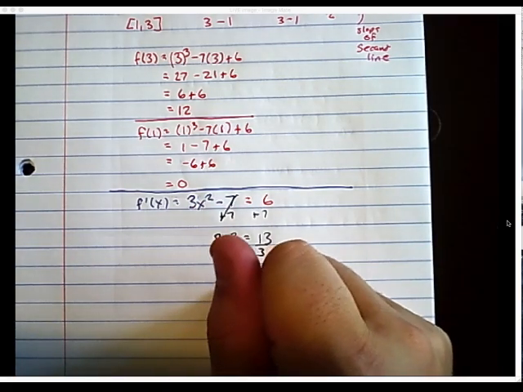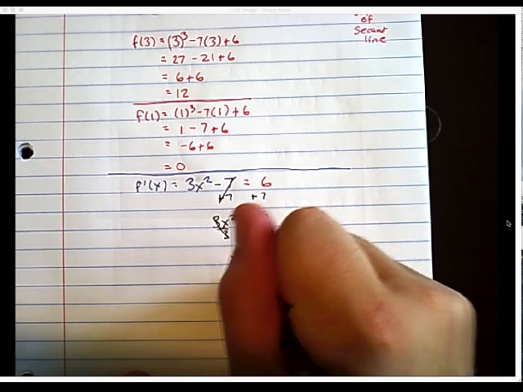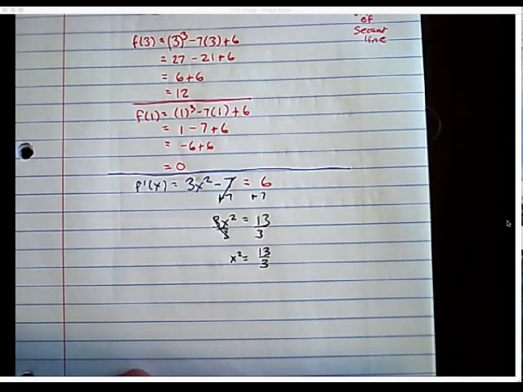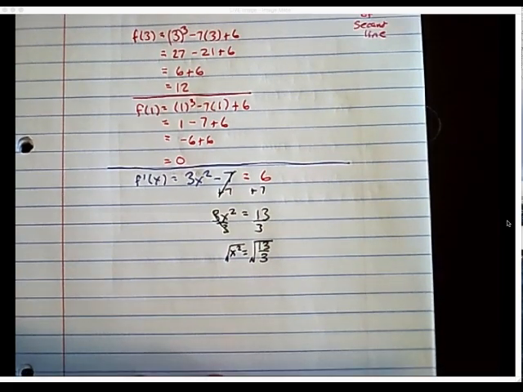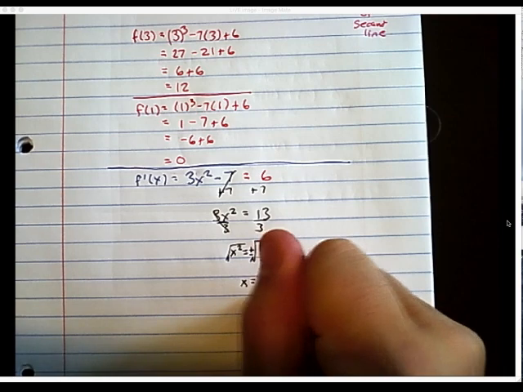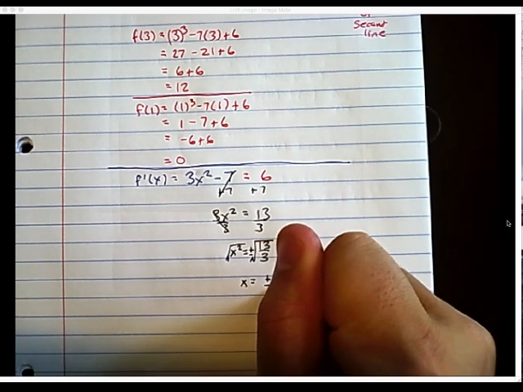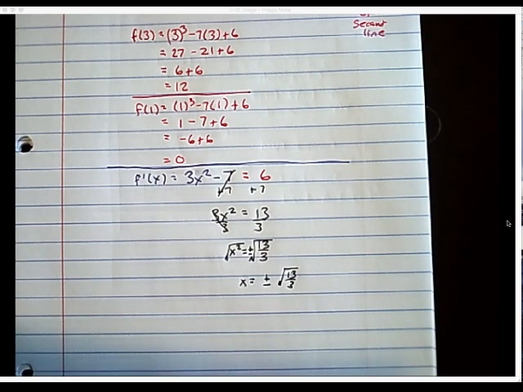So now I have x squared equals 13 thirds. All right. We want to solve for x, so we're going to square root both sides, and we're going to put a plus or minus. So x equals plus or minus the square root of 13 thirds.